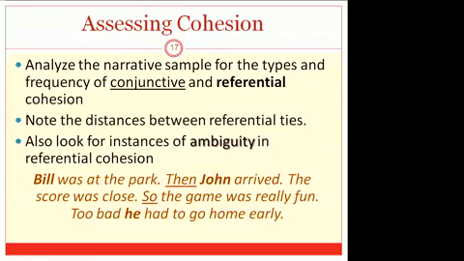And this is because this pronoun, he, is ambiguous in this context. Therefore, we would say that a referential cohesive tie using the pronoun he was attempted but resulted in ambiguous cohesion. In addition, in this brief little narrative, we have two instances of conjunctive cohesion with then and so.